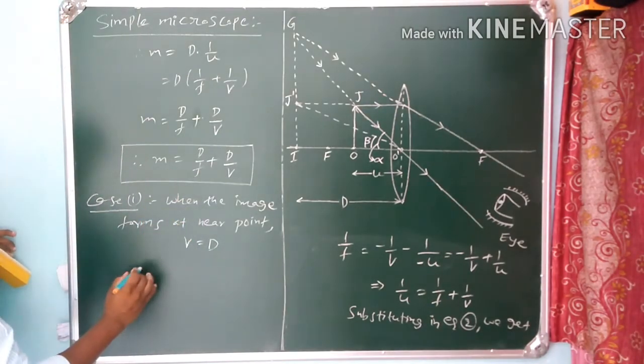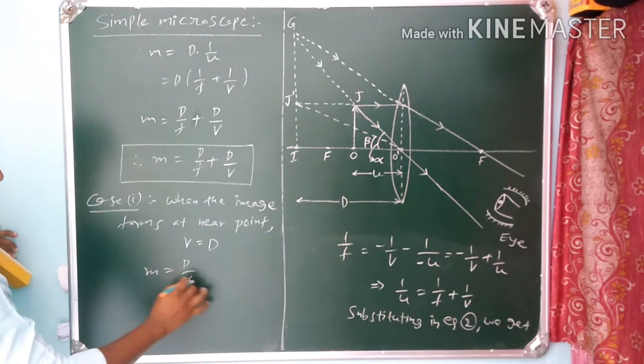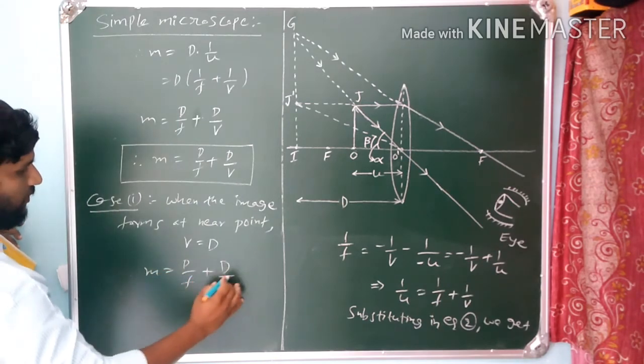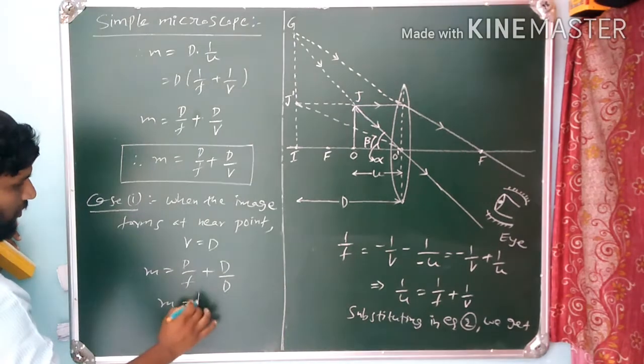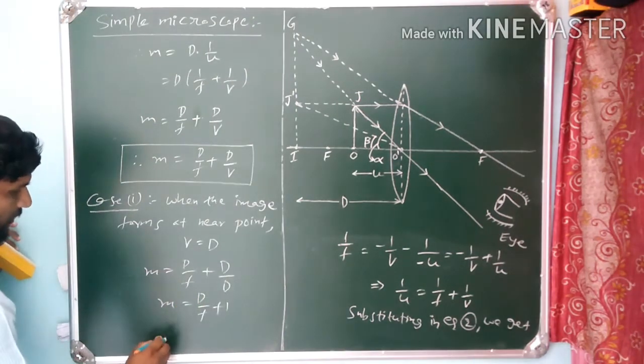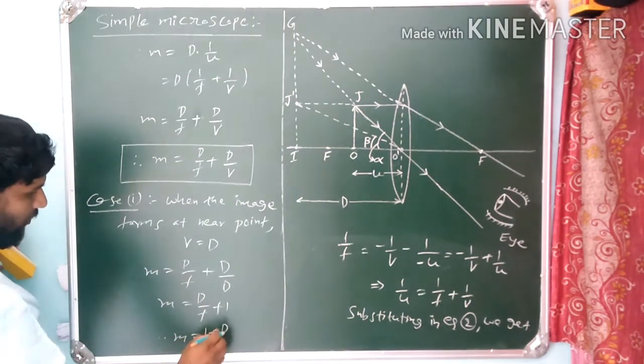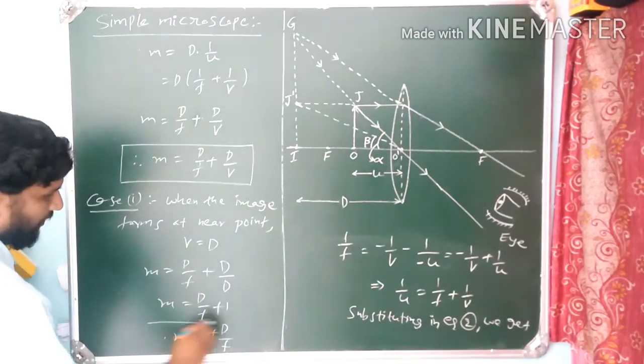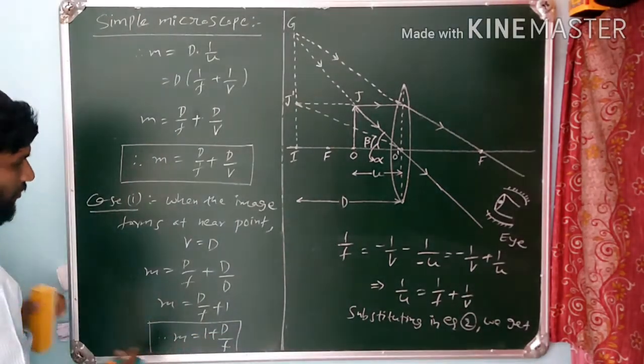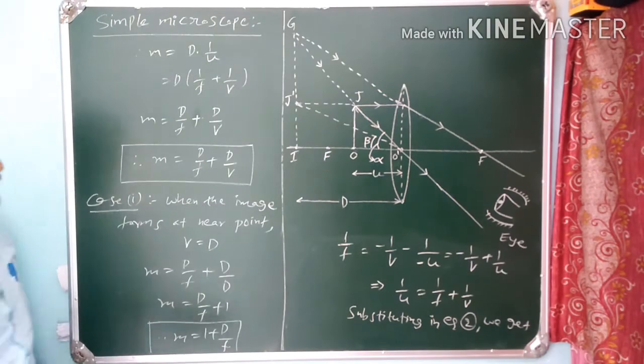Now from the above equation, M equals D by F plus D by D, that is, M equals D by F plus 1. Therefore, the magnifying power is 1 plus D by F, when the image is formed at the near point.